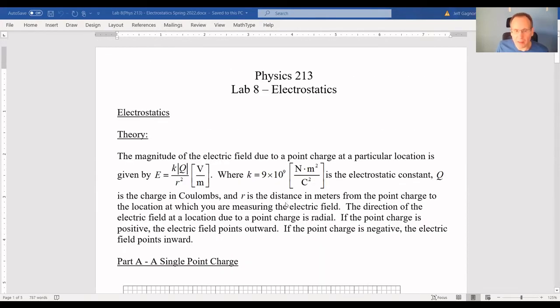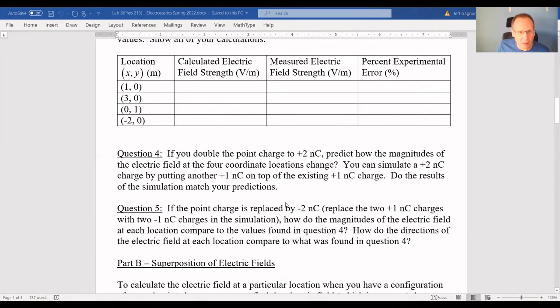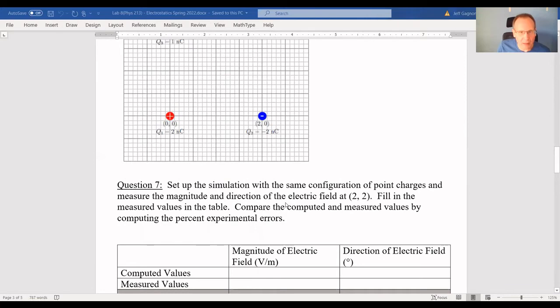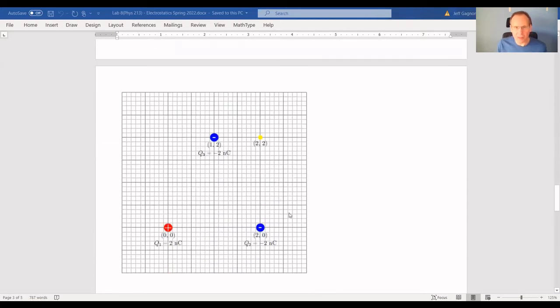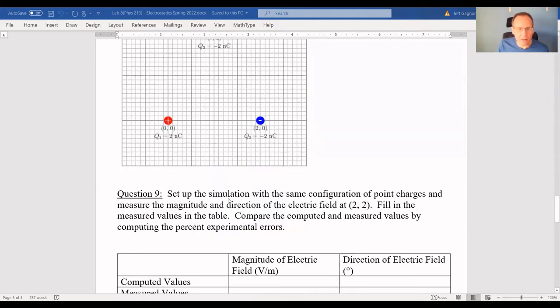Also, for this particular lab, I added one additional part here, which is basically question 8 and question 9.